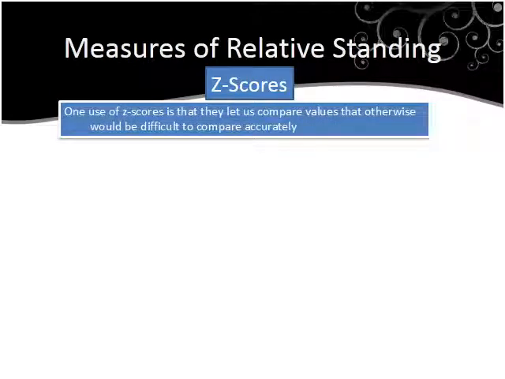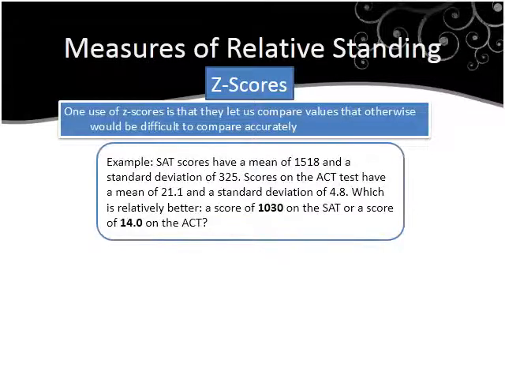So what the z-score will let us do is compare values that are on different scales. Again, looking at this SAT and ACT example, now I can compare the scores of 1030 and 14.0. First of all, I'll calculate the z-score for 1030 on the SAT.